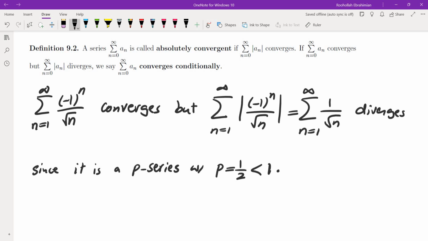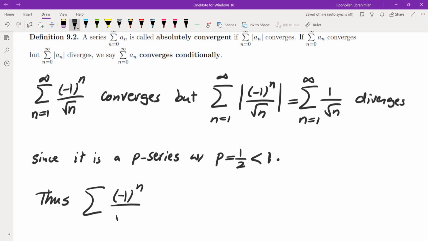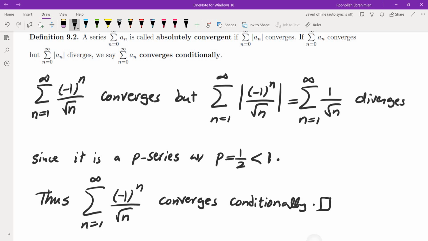So that diverges, but the series itself converges. So we say the series, the sum of negative 1 to the power of n over root n, converges not absolutely, but conditionally. So this is a good example to keep in mind.